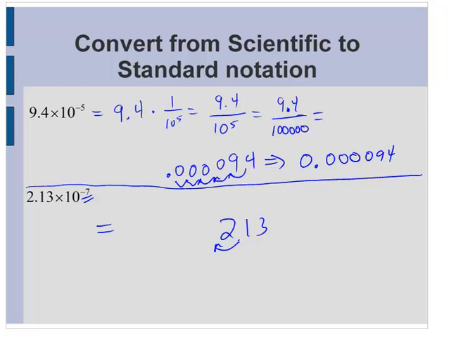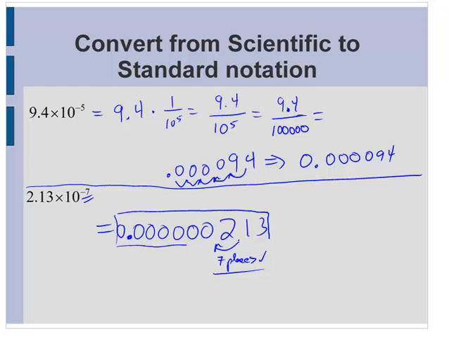So there's 1, and I'm going to need to bring in 6 zeros. Let's just check. 1, 2, 3, 4, 5, 6, 7 places. So, 0.000000213.